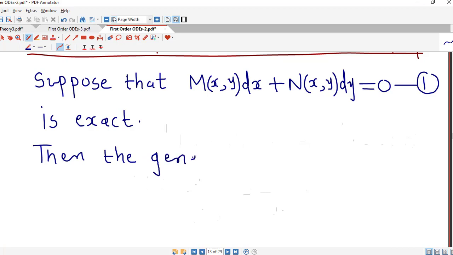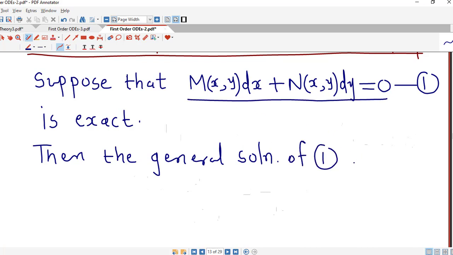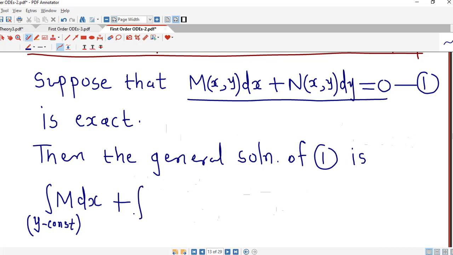Then the general solution of equation 1 is: we have to integrate capital M with respect to x. Now M is a function of x and y, so here we are integrating with respect to x, and we consider y as constant. So integrate capital M with respect to x considering y as constant, plus, from capital N we write down only those terms that do not contain x.